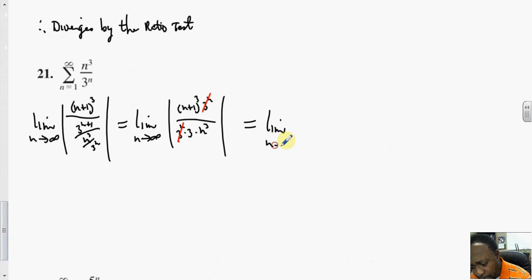So we have the limit as n goes to infinity. What we have here is n plus 1 to the third all over 3n to the third. Its limit is 1 over 3.